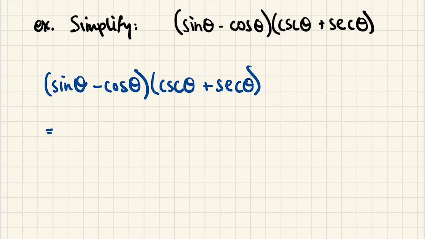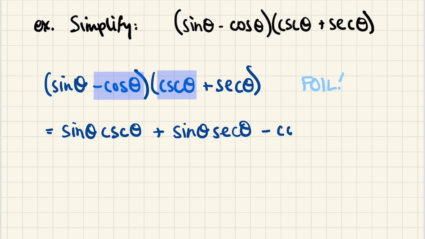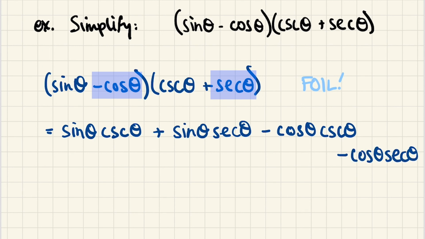So let's FOIL. We're going to have sine of theta times cosecant of theta, and then sine of theta times secant of theta, and then negative cosine of theta times cosecant of theta, and then finally minus cosine of theta times secant of theta.